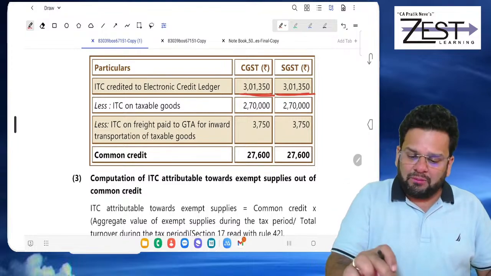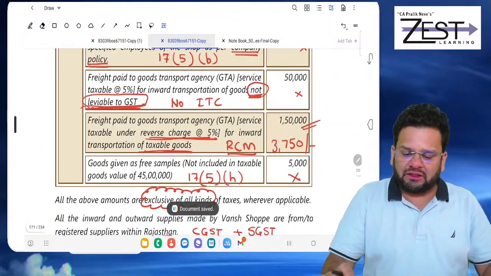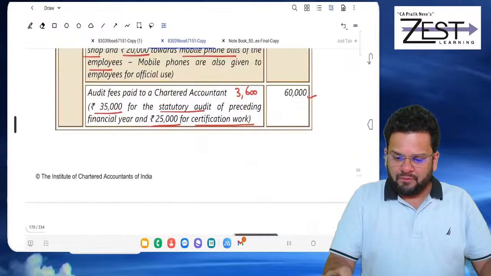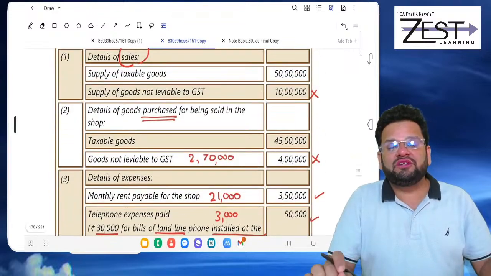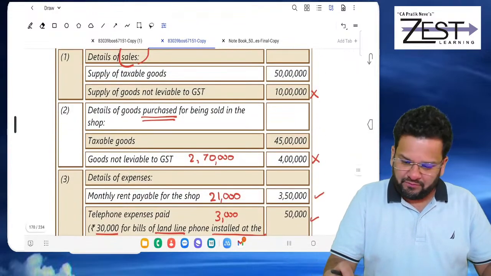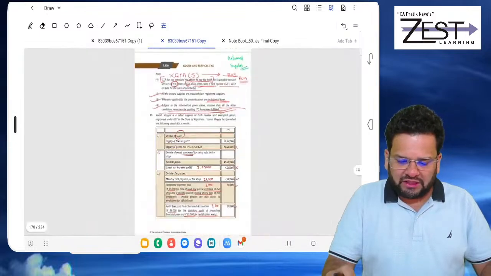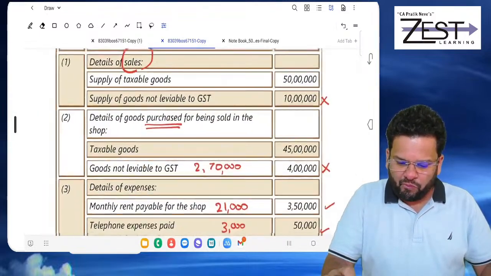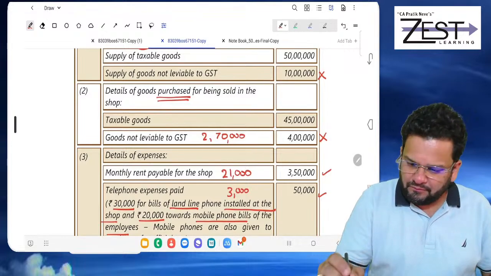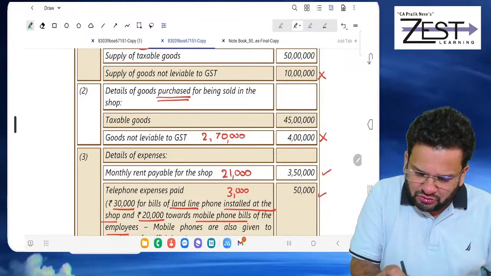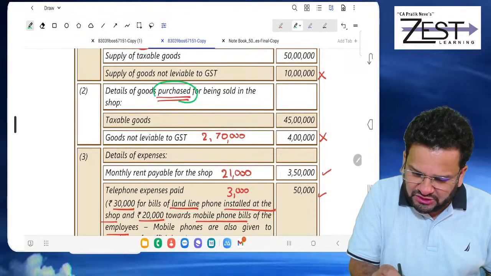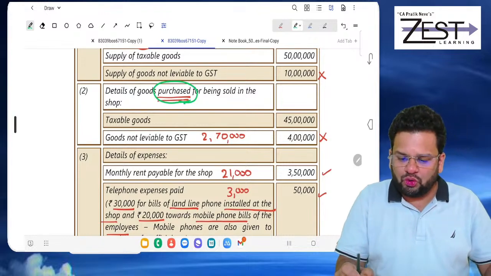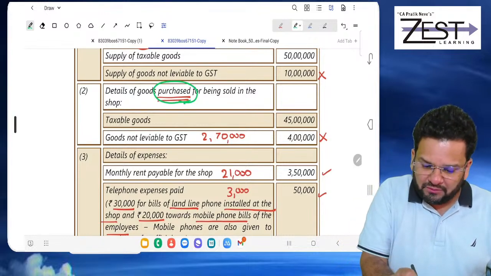Now out of the above items, think about those items which are used only and only for taxable supply. So what is used only and only for taxable supply? See this. This is used. So, details of goods purchased for being sold in the shop.